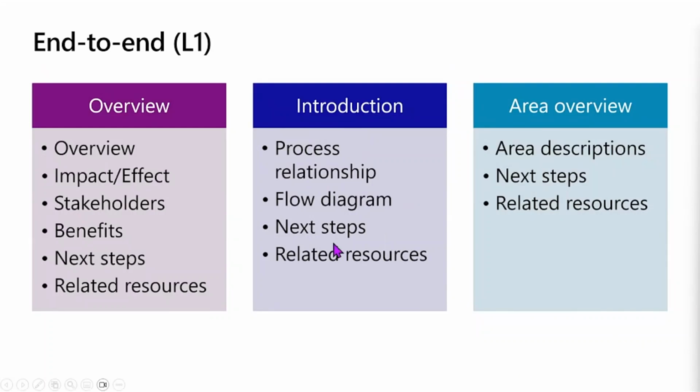When we take a look at what's included in an end-to-end article, like I said, there are 3 articles: the overview, the introduction, and the area overview. The overview articles include an overview of that process, the impact or the effect on the organization, who the stakeholders are, and what the benefits are. Basically, all of our articles have next steps and related resources, but when you go to the introduction article for an end-to-end, this is where you'll find a process relationship diagram and the flow diagram, along with descriptions of those flows.